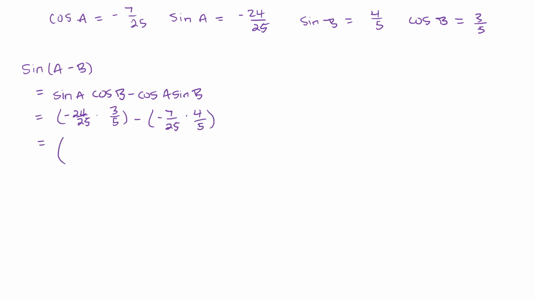Simplifying each term, we would get negative 72 over 125 minus negative 28 over 125. So when you subtract a negative, it becomes positive. So we're actually adding 28 over 125 to negative 72 over 125, which gets us negative 44 over 125.